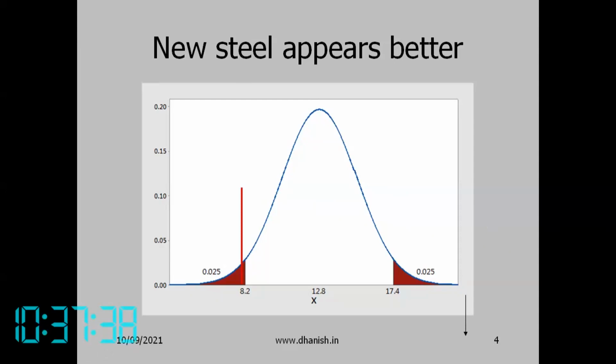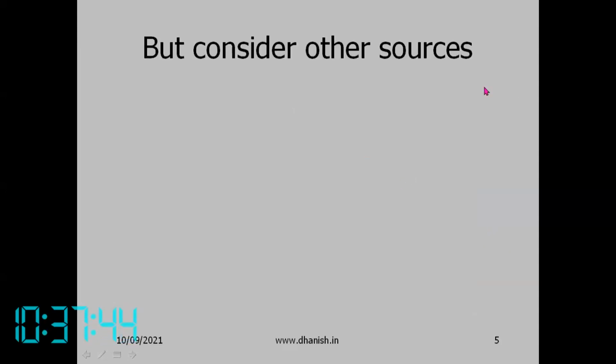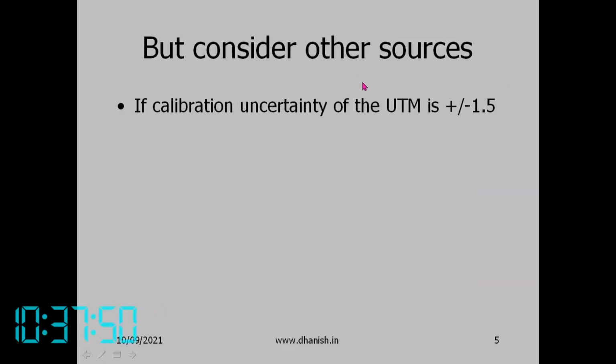So here we have considered only the repeated readings, the uncertainty in the repeated readings, that is the standard deviation. But if you consider other sources of uncertainty, for example, suppose there is an uncertainty in the tensile testing machine itself. It is calibrated, and the uncertainty in the calibration is plus or minus 1.5 MPa.